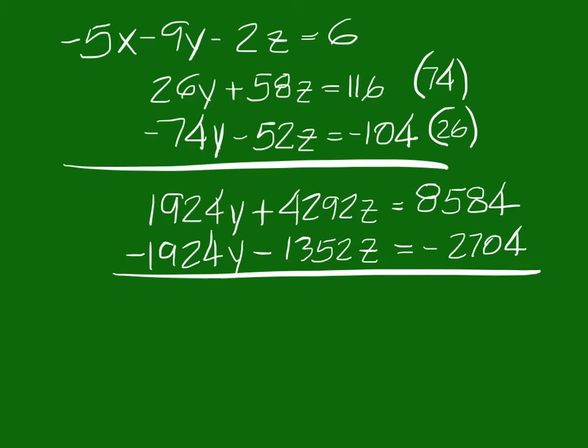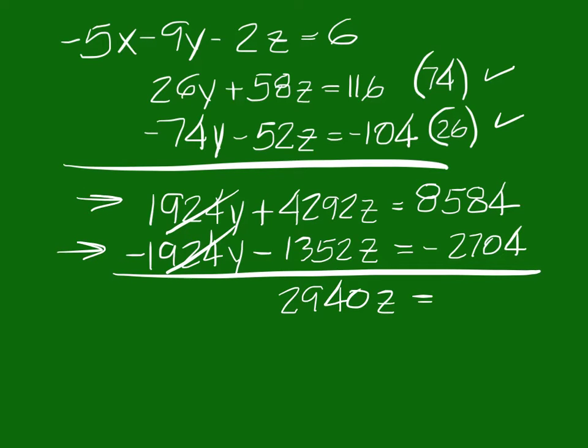We multiplied through by 74 here and 26 there, so we could get 1924s out here on the y's. When you add together, these cancel out, and 4292 minus 1352, that's the same as plus a negative, should come up with 2940z.